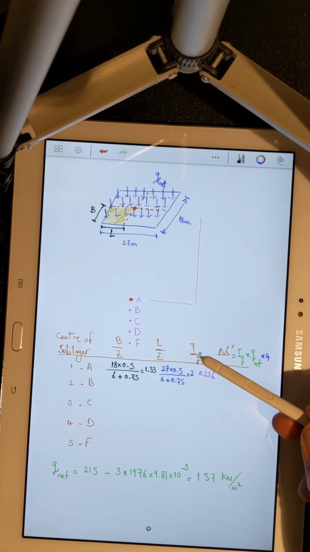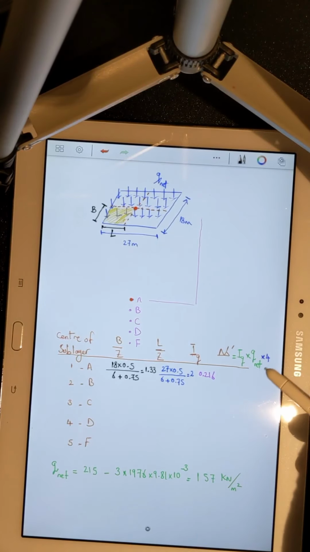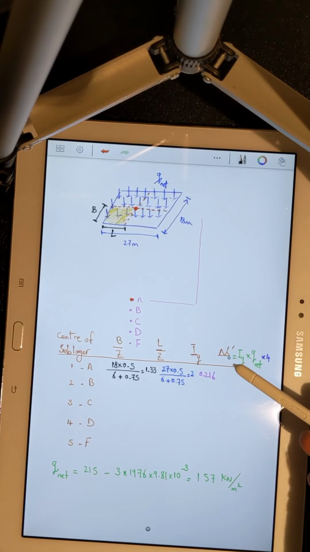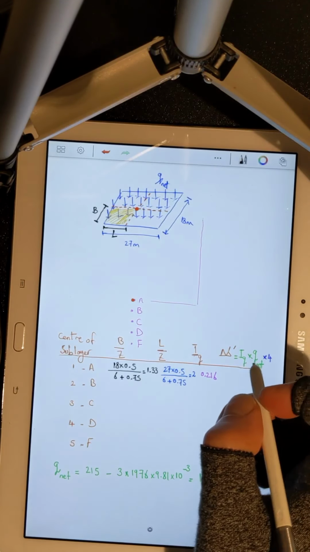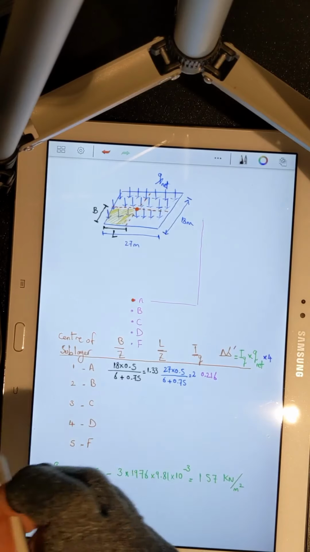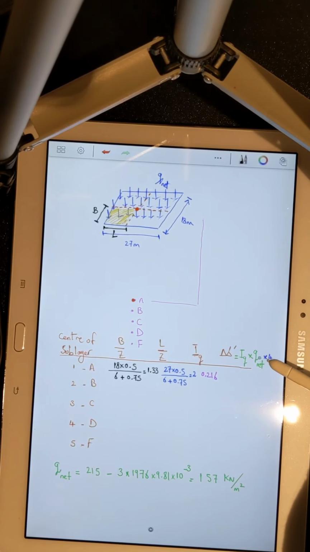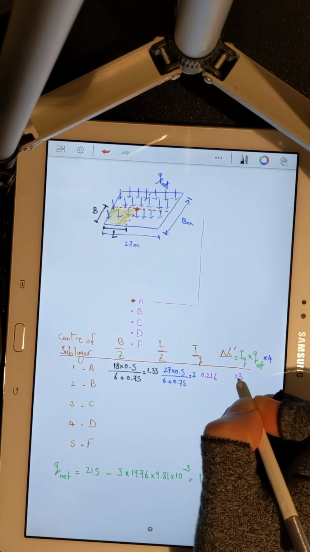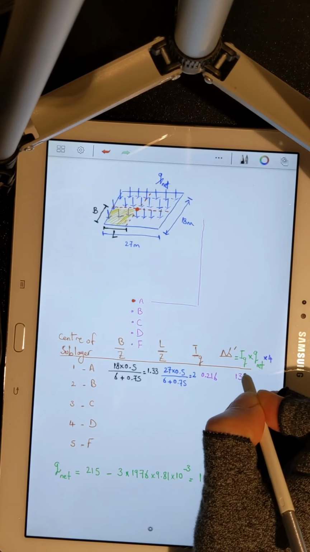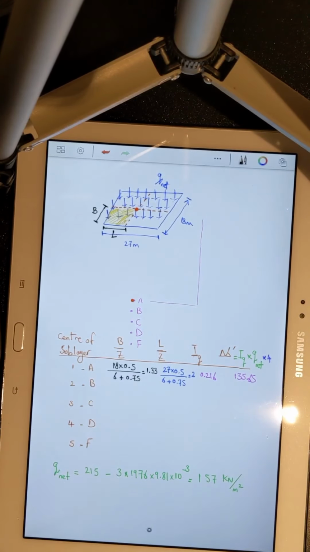Now that I have my I sub q, my L over Z, and B over Z, I can plug these numbers into the equation and get my change in effective stress in the middle of sublayer 1. That is I sub q, 0.216, multiplied by q sub net, 157, multiplied by 4. Using your calculators, you will get 135.65.